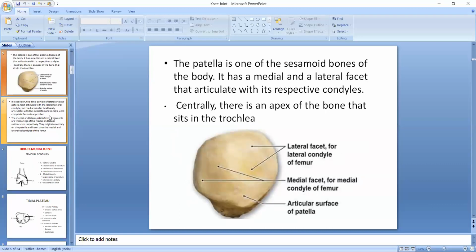Patella is one of the sesamoid bones of the body. It has medial and lateral facets that articulate with its respective condyles. Centrally, there is an apex of the bone that sits in the trochlea.